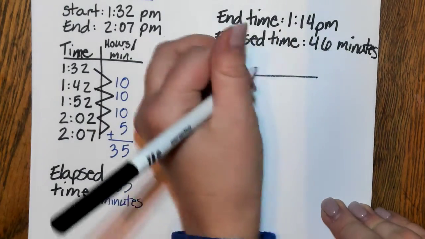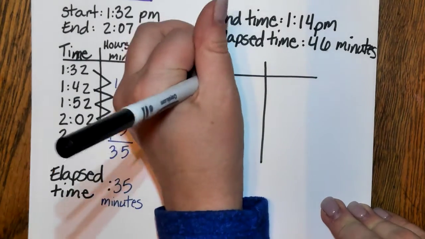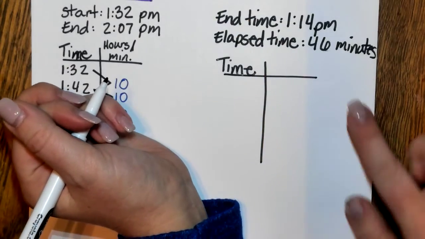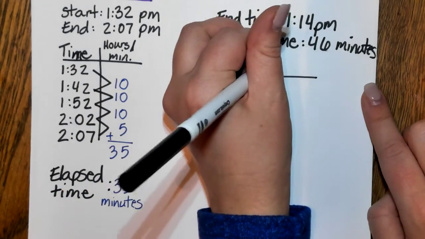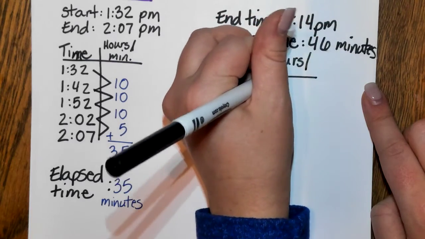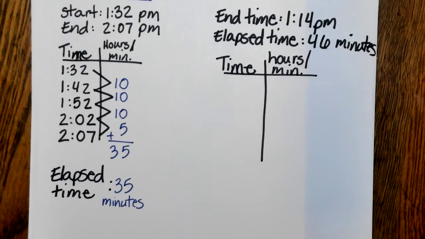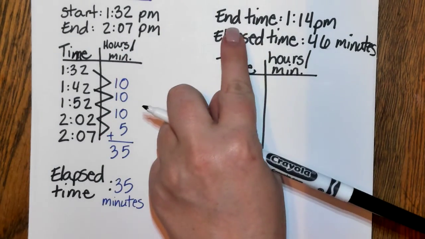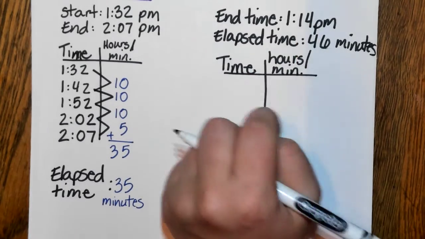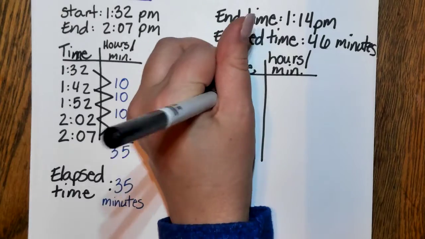So let's do that. I'm going to begin by drawing my T-chart. On this side, I'm going to have the time. And on this side, I'm going to have hours and minutes. This time, I'm working backwards, and I'm working backwards from 1:14.